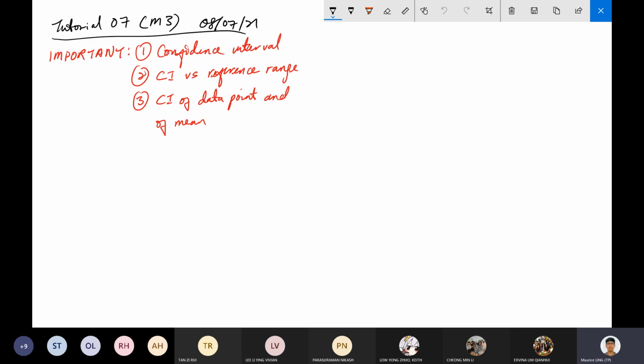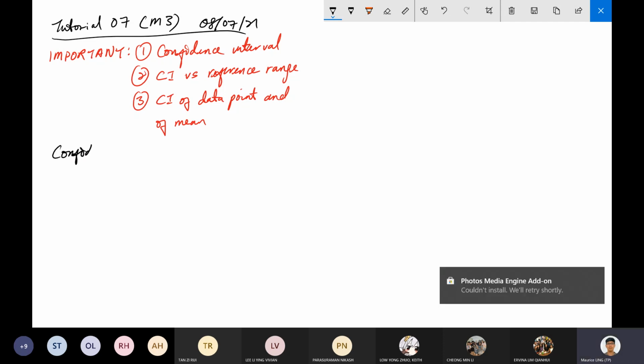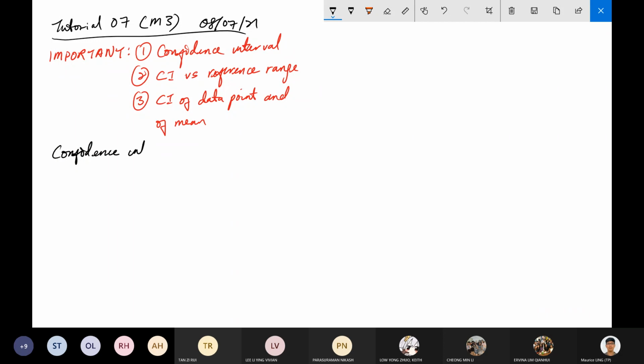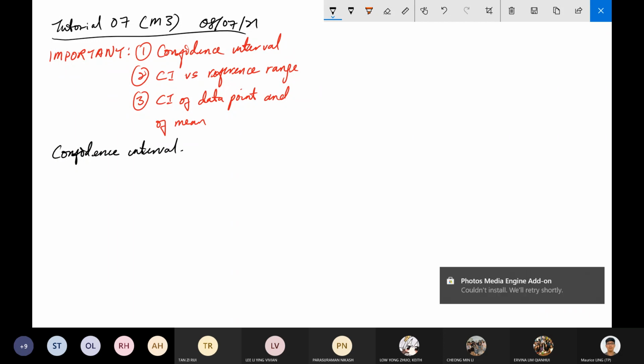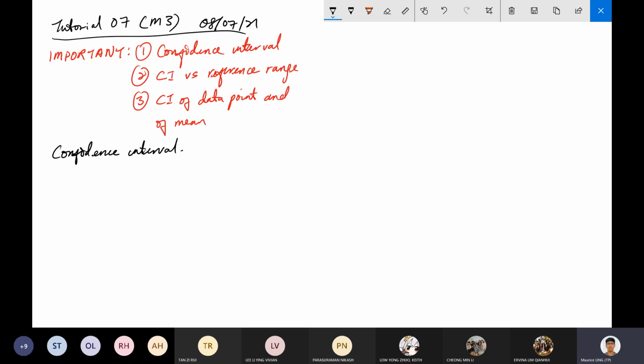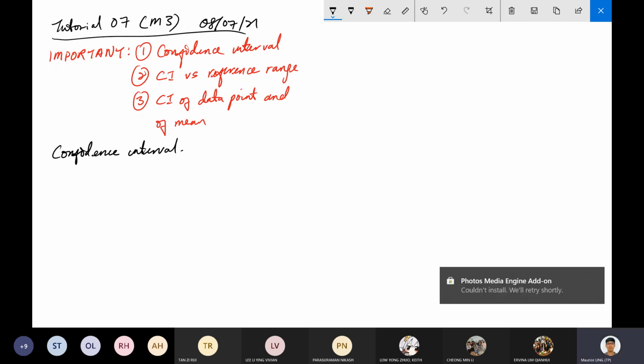Okay. So what really is confidence interval? Anyone can explain? What is really confidence interval? Anyone? Okay, confidence interval itself is you're asking this type of question.